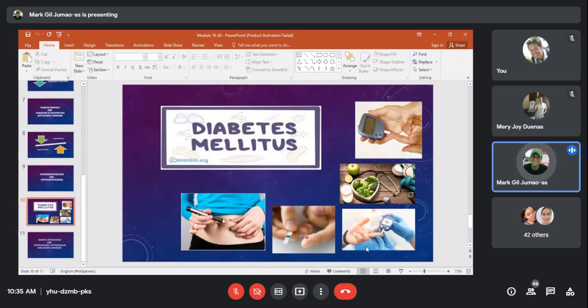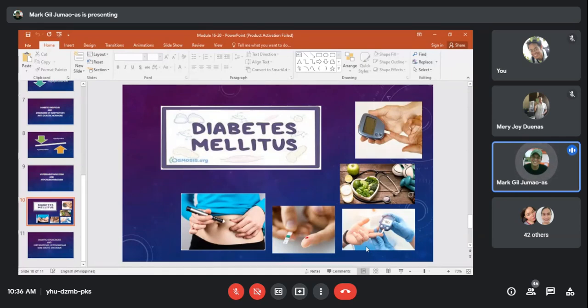Now this time on your diabetes mellitus, there are two kinds. First, we have your type 1 diabetes mellitus. Second, we also have your type 2 diabetes mellitus. So what's the difference? Type 1 diabetes is more on insulin dependency. Usually type 1 is very common for children, while type 2 is very common for the obese.